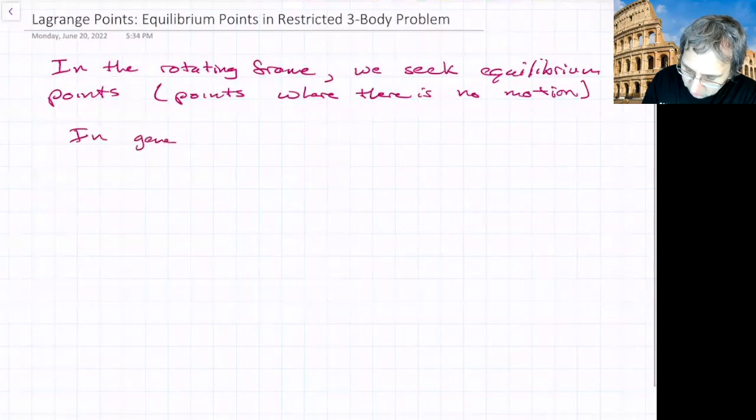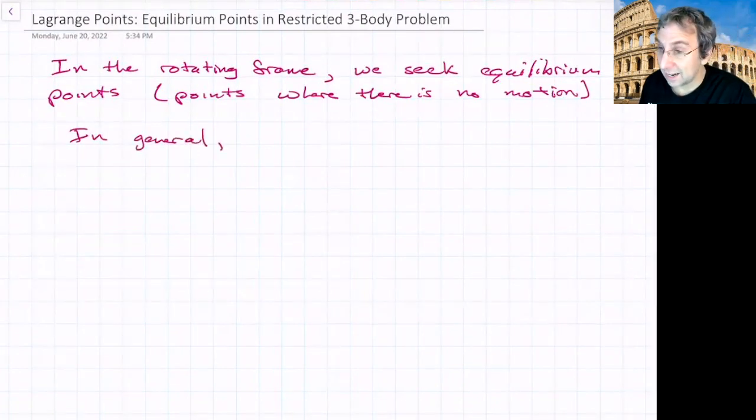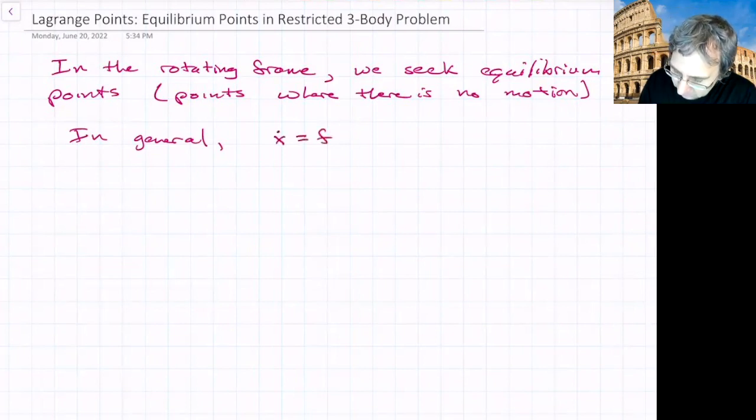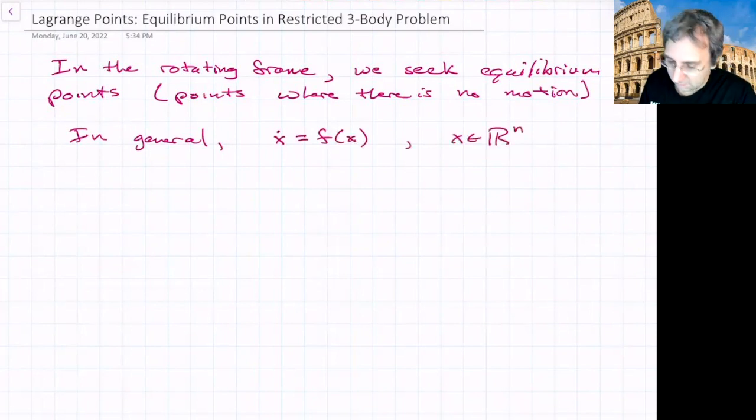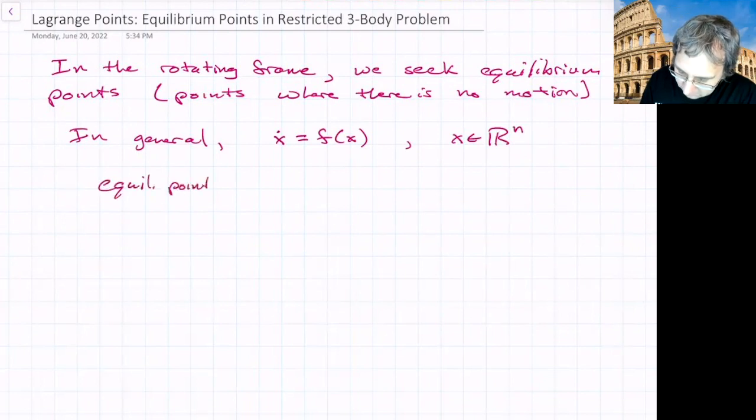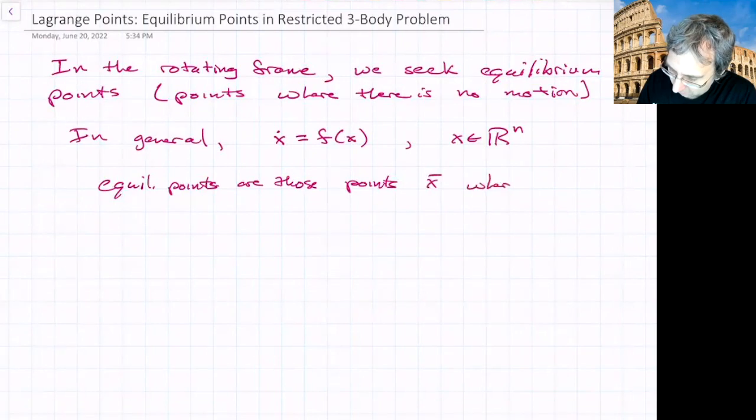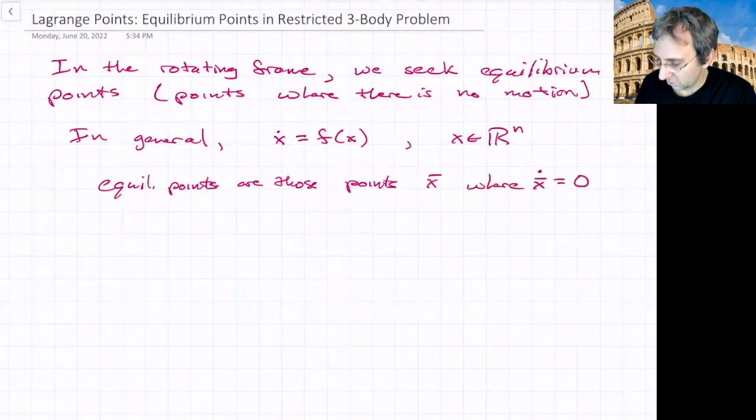So in general, if I were to write a nonlinear ODE that's time independent, x dot equals f of x, where x is in R^n, equilibrium points are those points, I'll call it x bar, where x bar dot equals the zero vector.